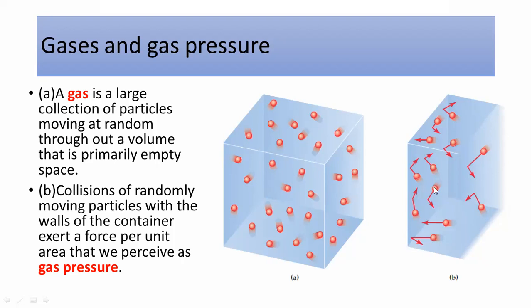So simply, it is the collisions between the molecules, and particularly the collisions of the molecules at the wall of the container, and the force exerted per area is called the gas pressure. These two diagrams represent the gas and the gas pressure.